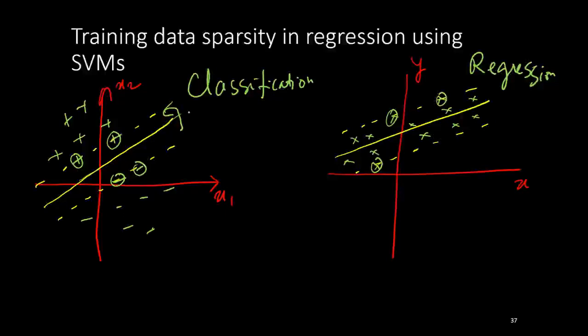If we multiply W transpose Xi plus B with Ti, we are folding it on the boundary so that everything is now positive when multiplied by Ti. Right? So we don't have that advantage in regression. We have points that can go outside the margin above a line, or below the line they can go outside the margin. So we now need two slack variables, one for above the line and one for below the line. Okay. So basically we are going to have a noise tolerant loss.